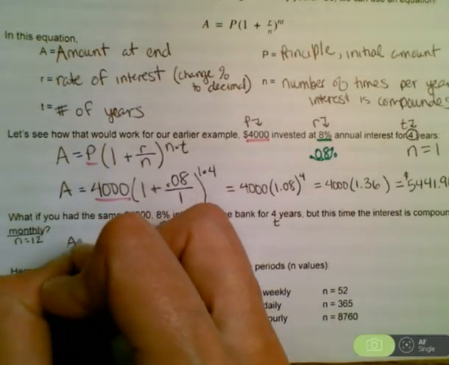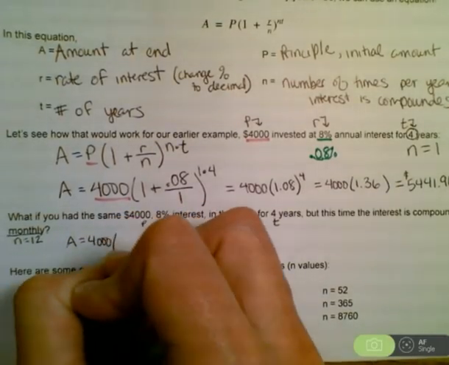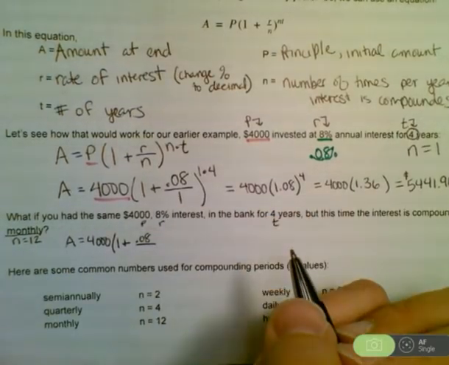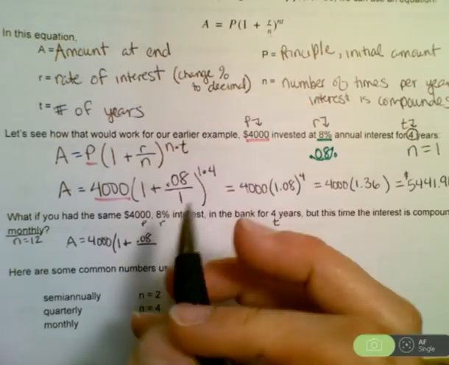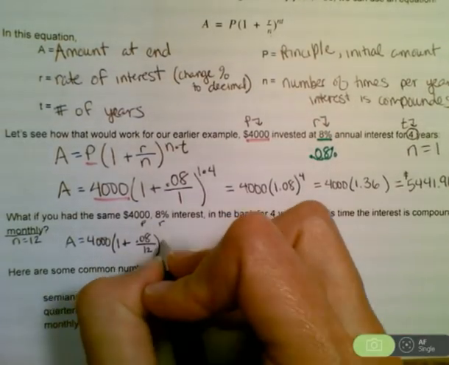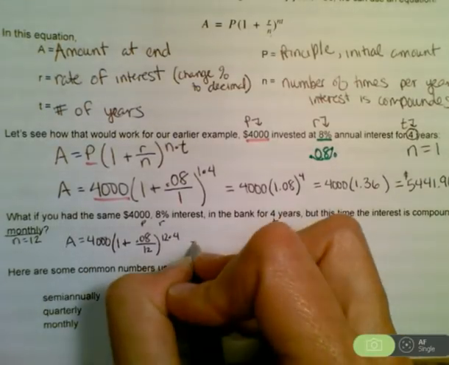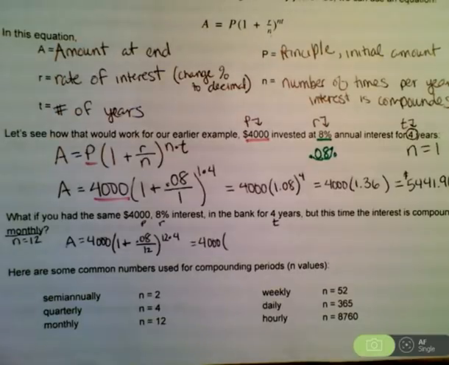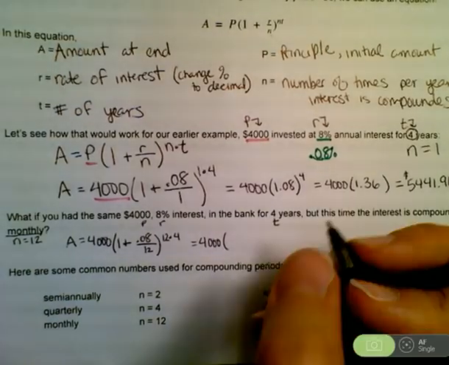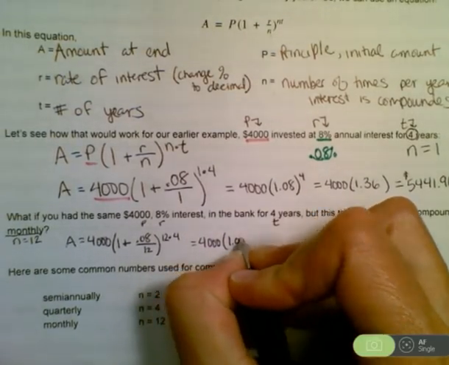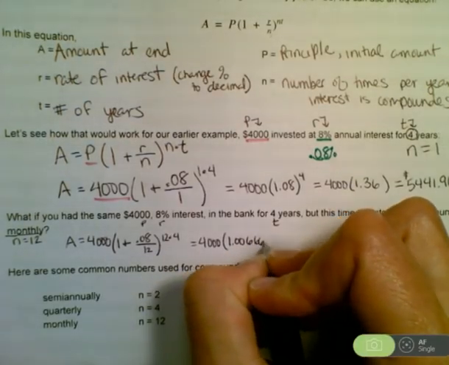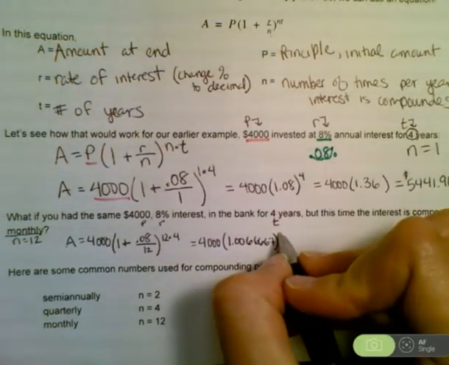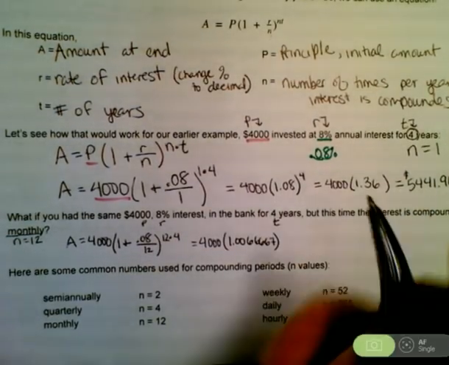So when I plug those numbers in, I get 4,000 times (1 plus R, 0.08, divided by N, N is 12), to the power of 12 times 4. So 4,000, do the part in the parentheses first: 1.006, repeating a whole bunch of times, 7, and then 12 times 4, I guess 48, yeah, 48.